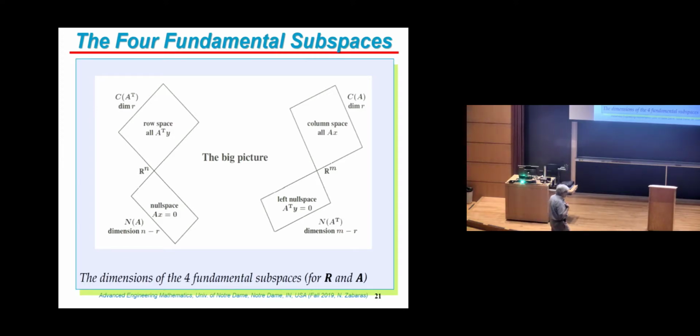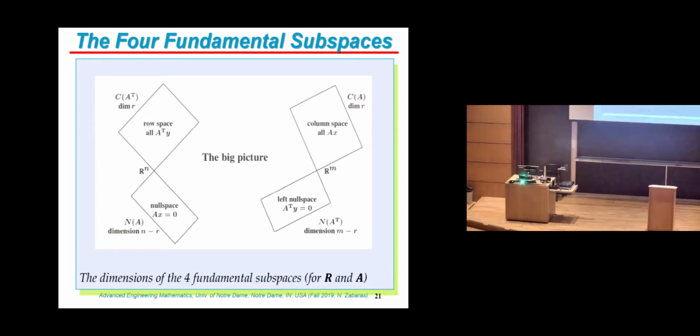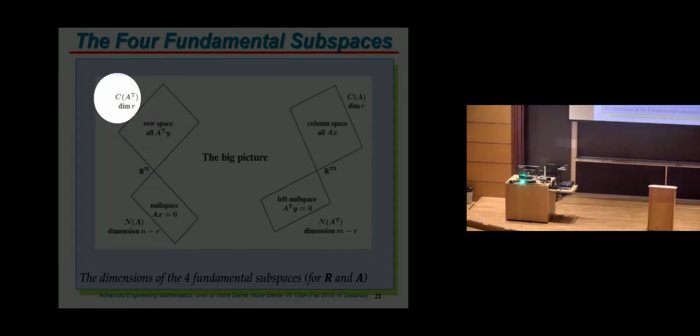Obviously, the null space defines a subspace of Rn, but also, do you agree that the row space is also a subspace of Rn? Because every row is a vector with n components, right? So the row space is also a subspace of Rn, and what's the dimensionality of the row space?